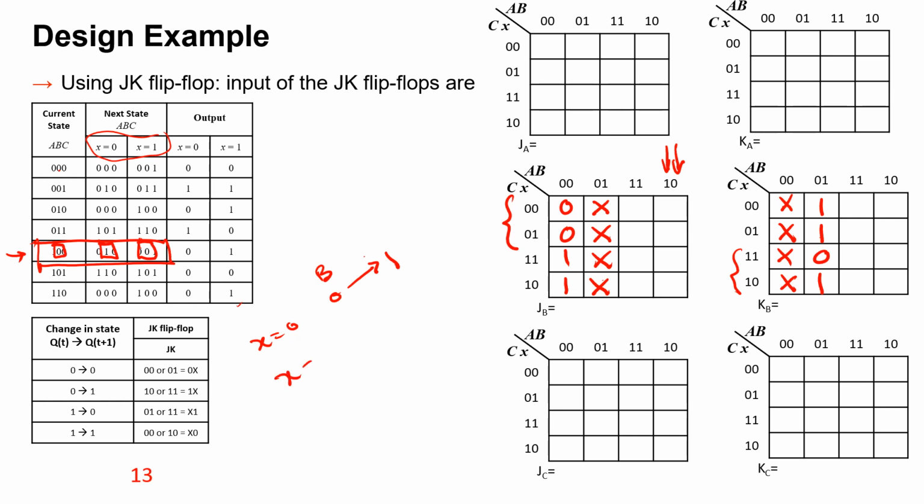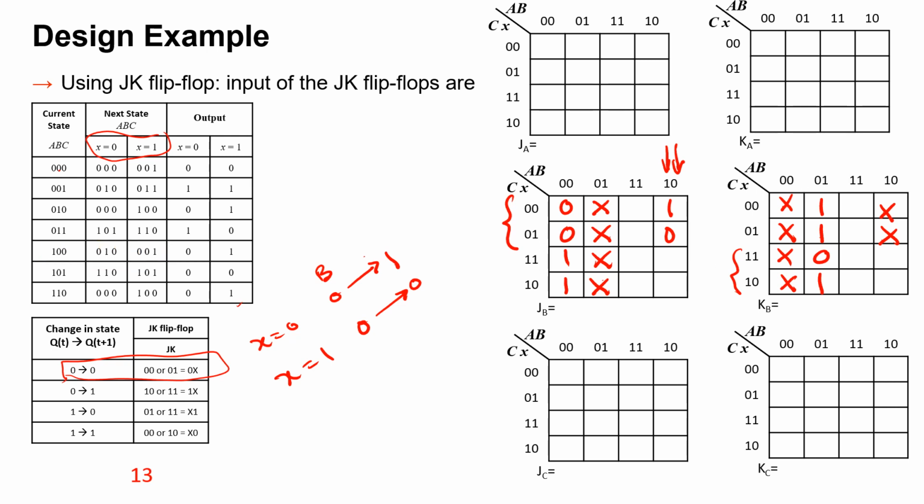And when X is equal to 1, we have transition from 0 to 0, right? When it's 0, 0 to 1 means it would be this row: 1, don't care, 1, don't care. And when X is equal to 1, it will be 0, 0, so it will be 0, don't care, 0, don't care.